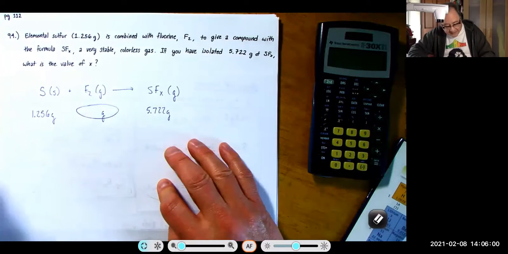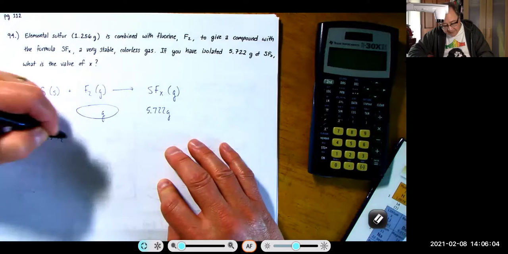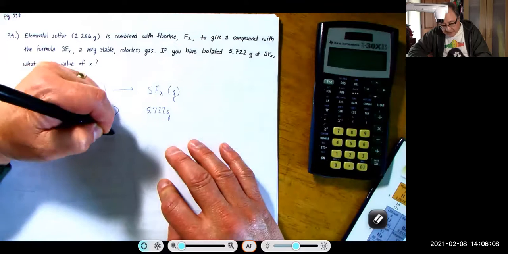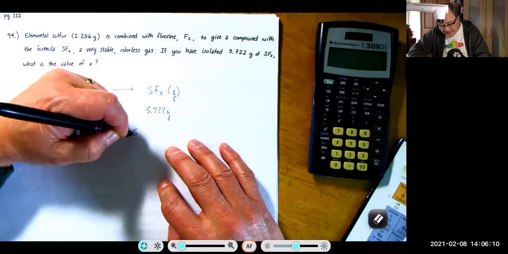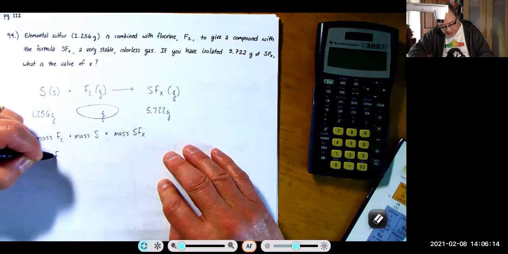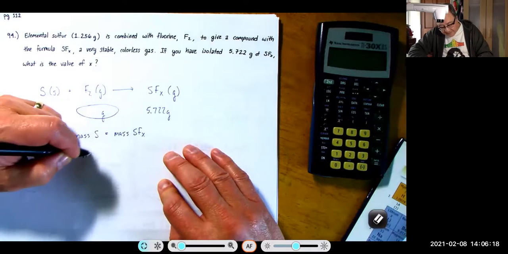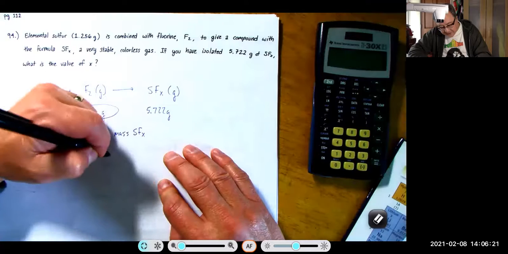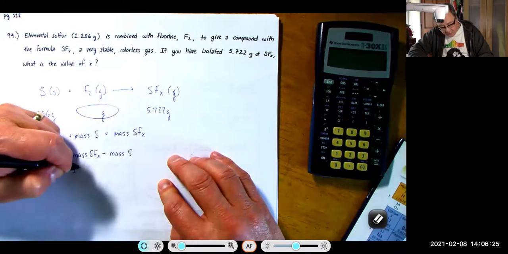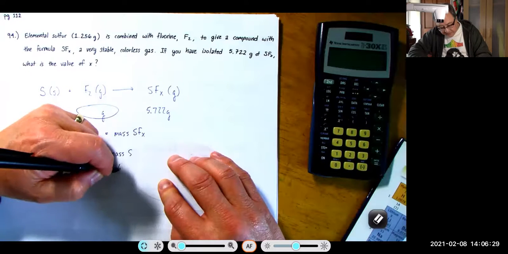So the mass of fluorine plus the mass of sulfur has to equal the mass of this SFX. That means the mass of fluorine is going to equal the mass of SFX minus the mass of sulfur, which is 5.722 grams minus 1.256 grams.